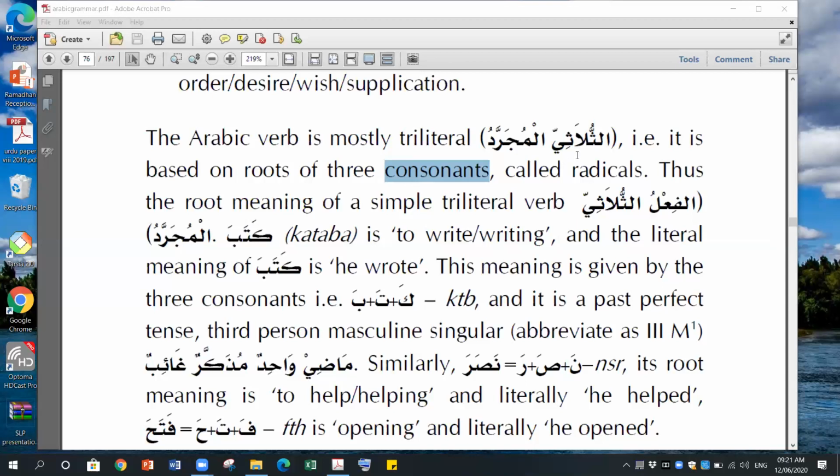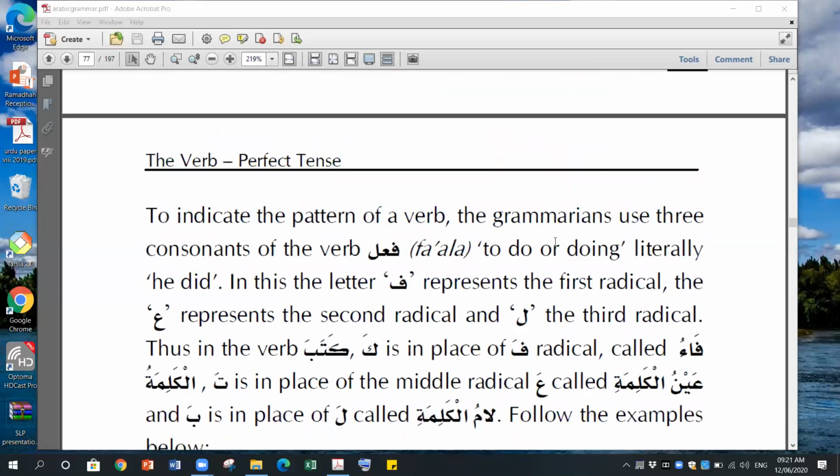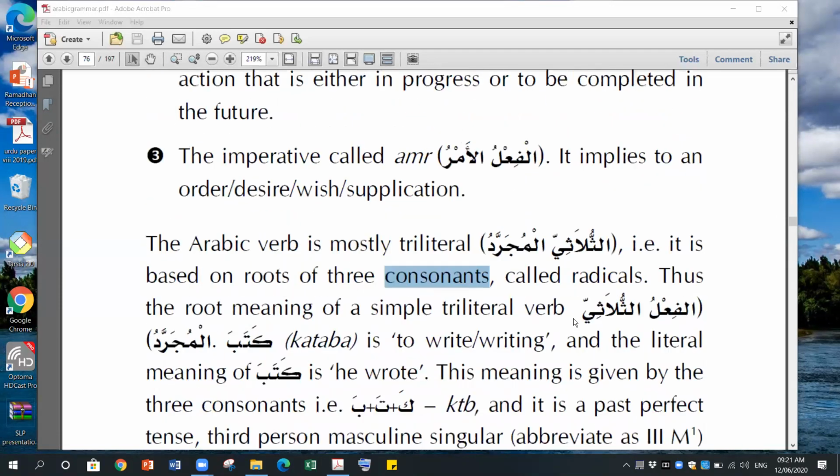And we will use fa'ala. This one, this fa, ain, and lam, because fi'l itself means verb. Do you know that, Hannah? Fi'l itself means verb, as we just started here, al fi'lul amr, right?